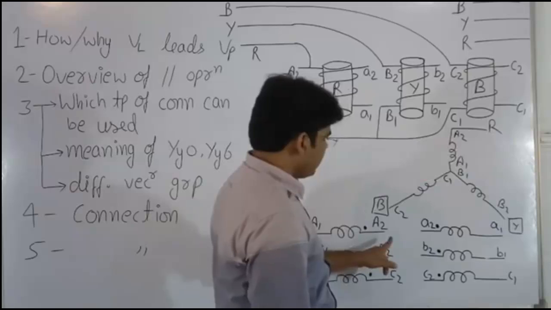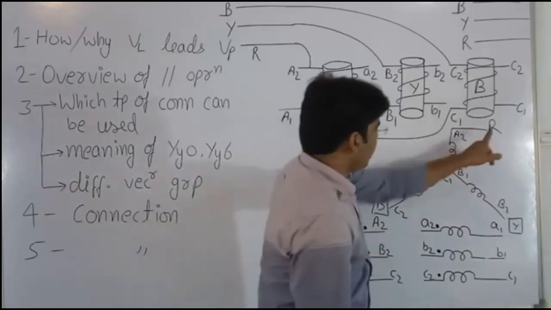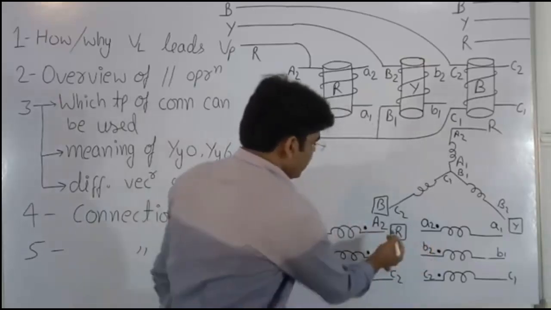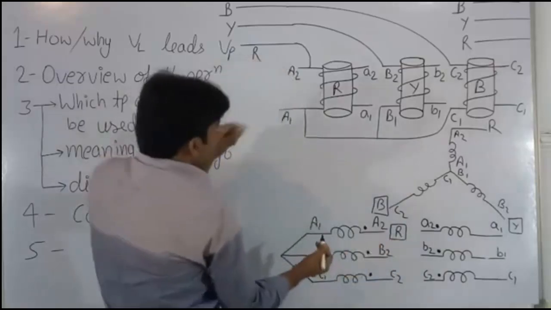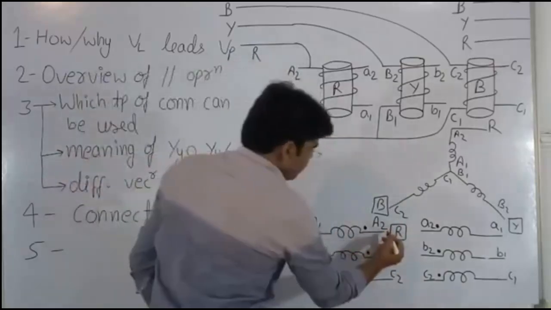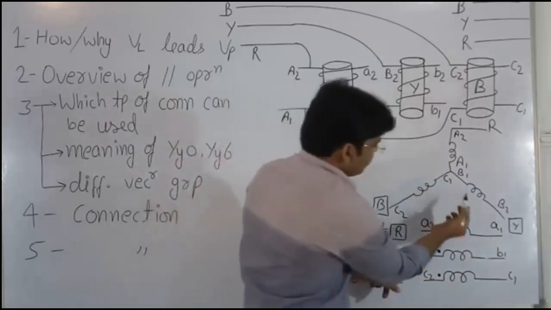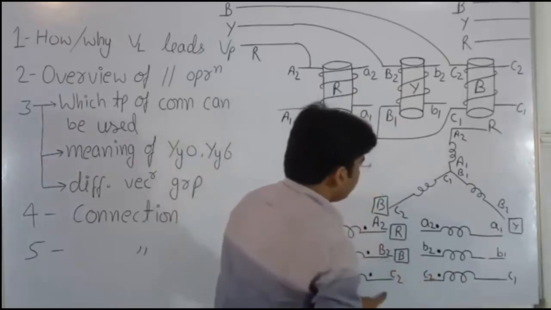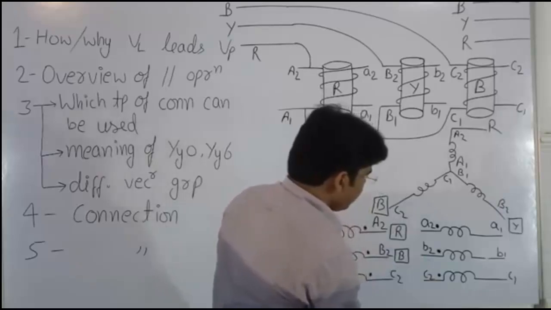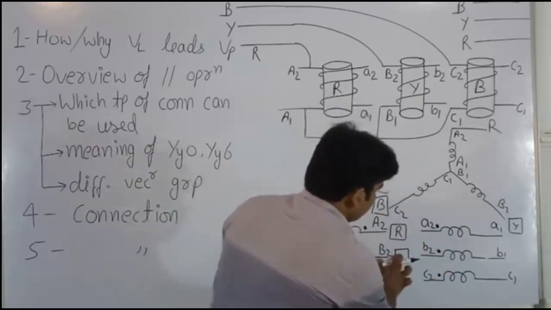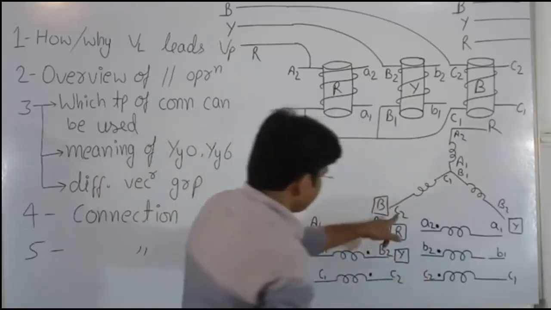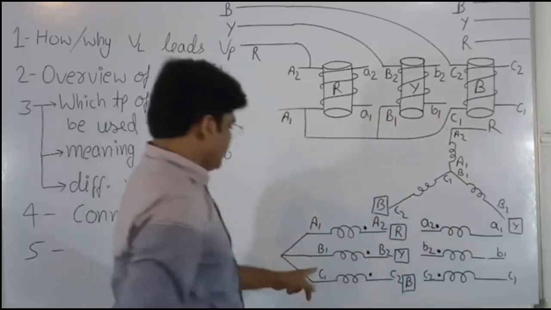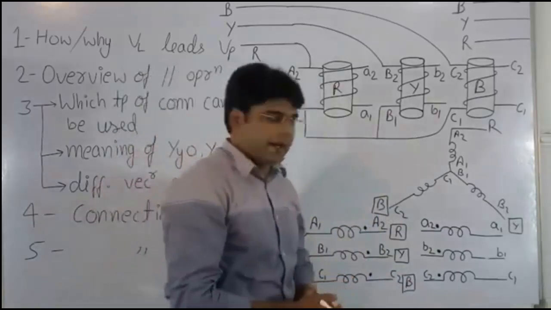So here I can represent this line as line R because R is to be connected from A2. From B2 line Y, and from C2 line B. The primary winding has been connected.